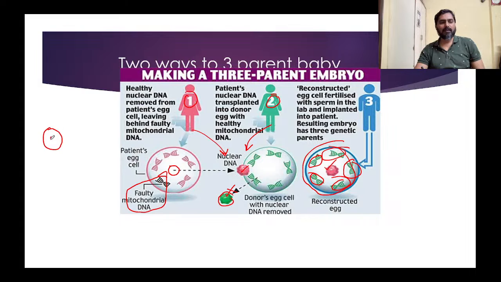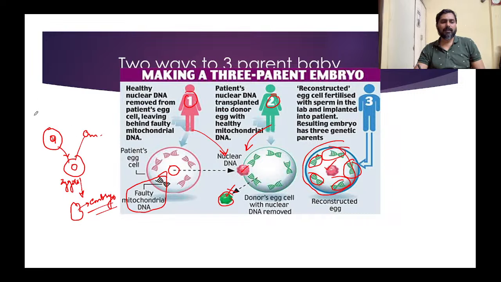You have the egg cell with the healthy mitochondria, and we'll take the sperm cell and fuse, and then we'll get a zygote. After a zygote is formed, after some days an embryo will be formed. This embryo will be transplanted into the mother's womb.